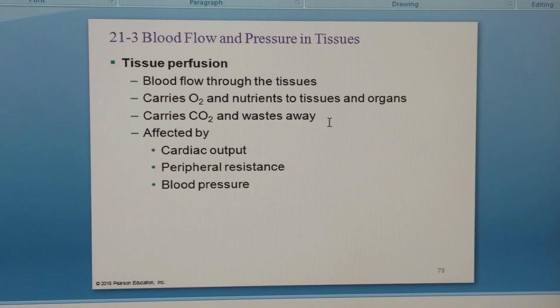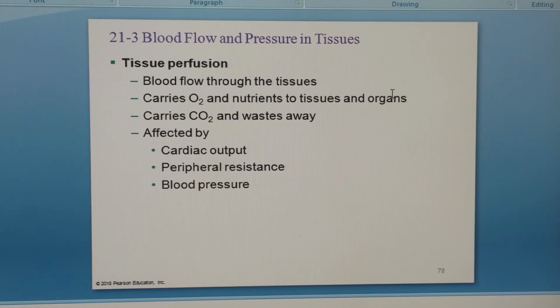Tissue perfusion. In talking about tissue perfusion, you may have heard me say that if mom and dad and grandma and grandpa are sitting in the recliners watching TV all day and never move, that's not good for the body, because we're not driving enough oxygen deep into the tissues to satisfy the needs of the organs and tissues.